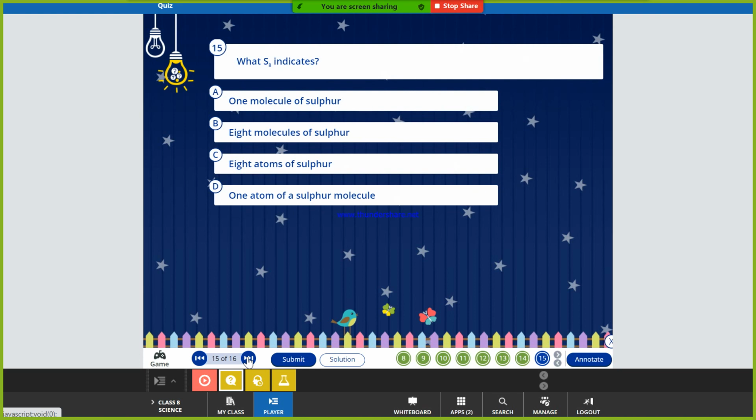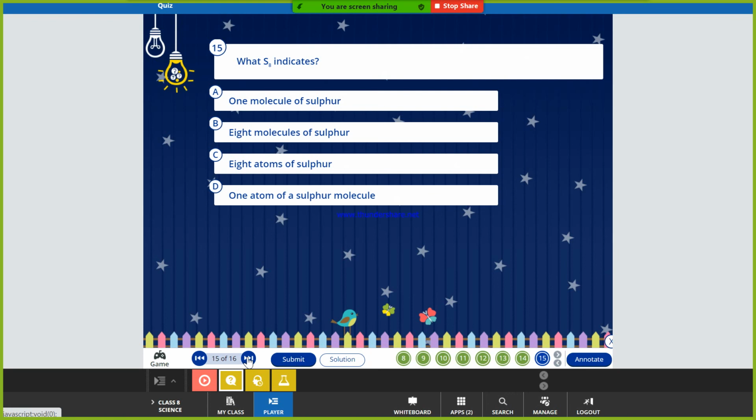Okay, next question. What does S8 mean? The element name is sulfur. Option A, 1 mole of sulfur. Option B, 8 moles of sulfur. Option C, 8 atoms of sulfur.